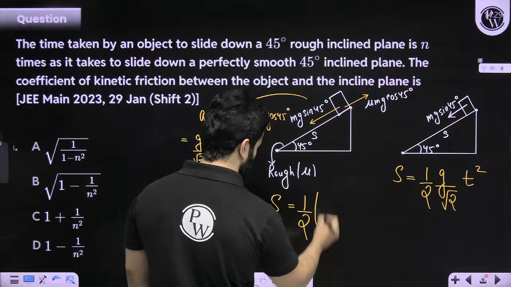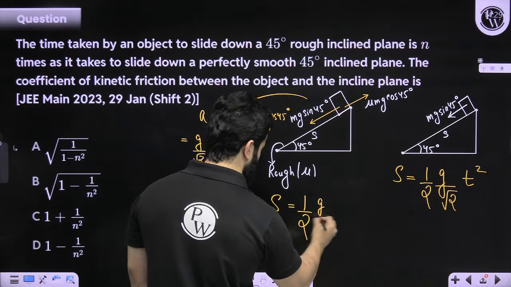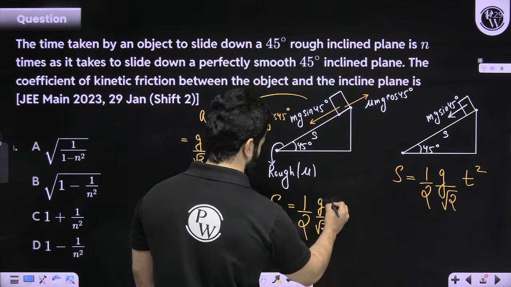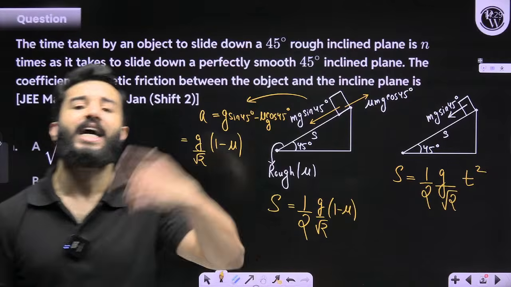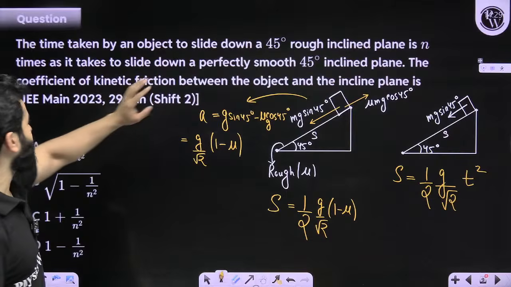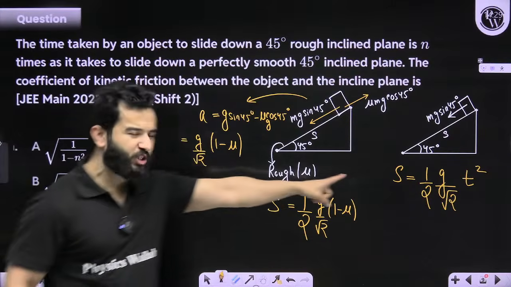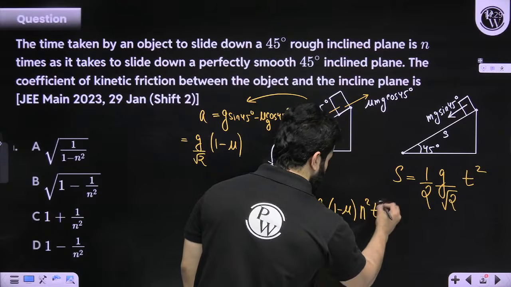So over here you have g by root 2 and 1 minus mu. They are saying the rough inclined plane takes n times as long. So that was taking t time, so this is taking n times, so n square t square.